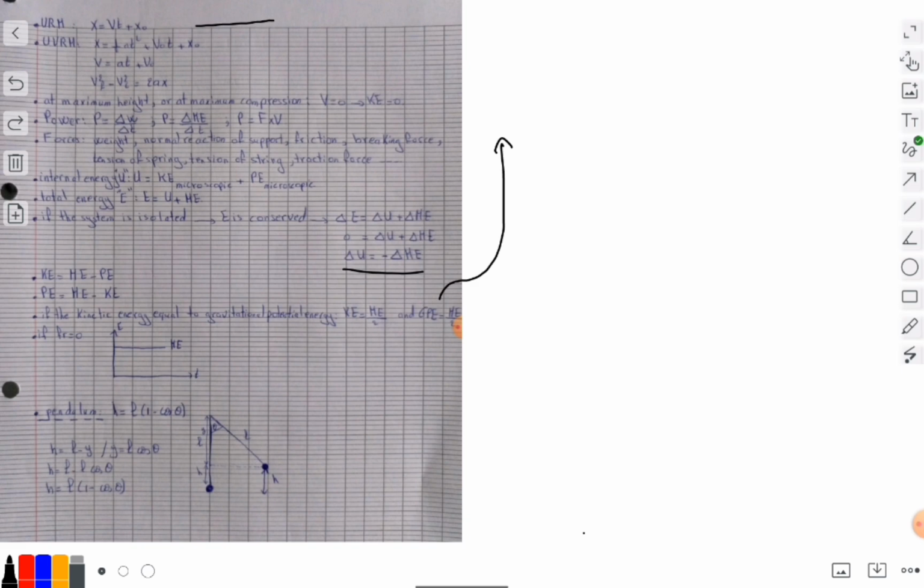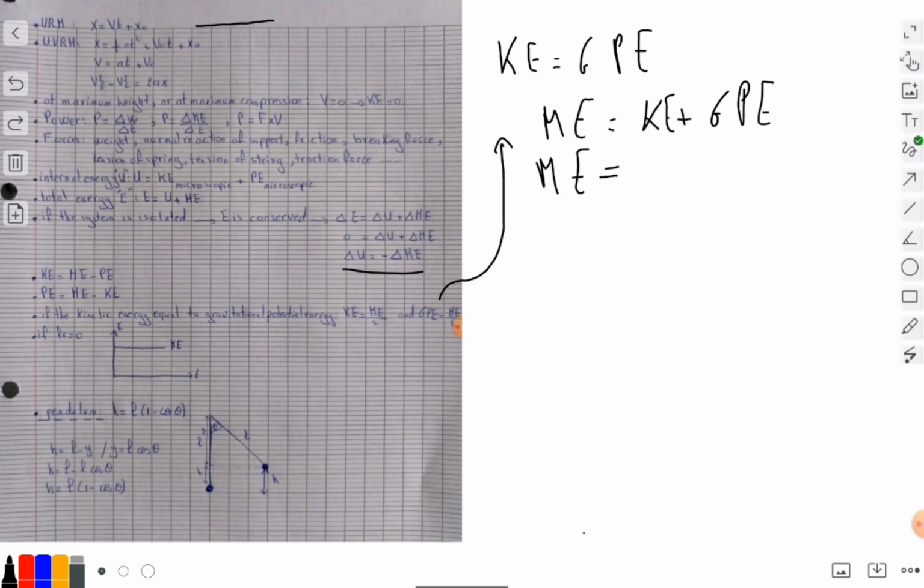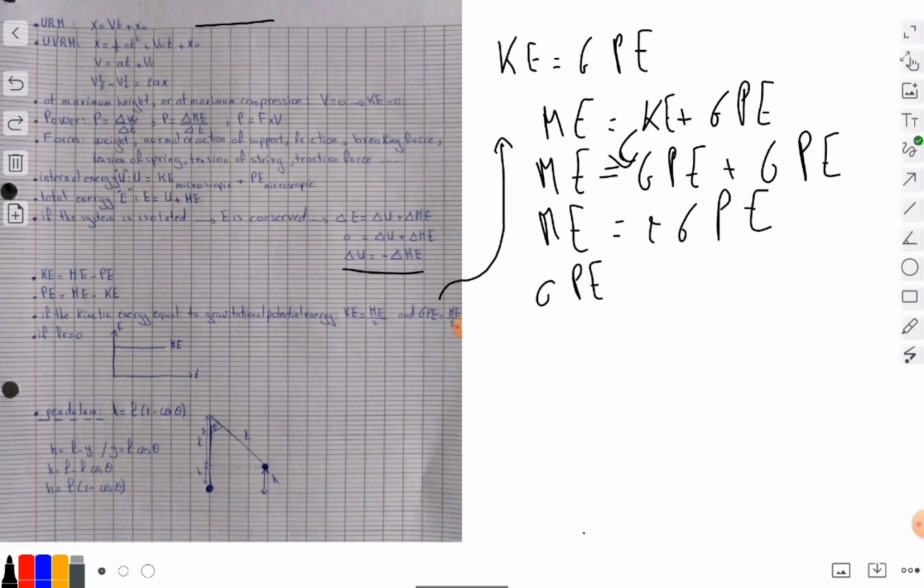If KE equal GPE, and there are no EPE, so we have ME equal KE plus GPE, and if KE equal GPE, we obtain GPE plus GPE. We replaced KE by GPE since they are equal. So ME equal to 2 GPE. Therefore, GPE equal ME over 2. And since KE equal GPE, so KE equal ME over 2.